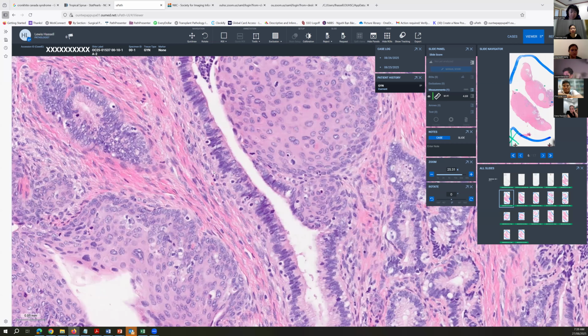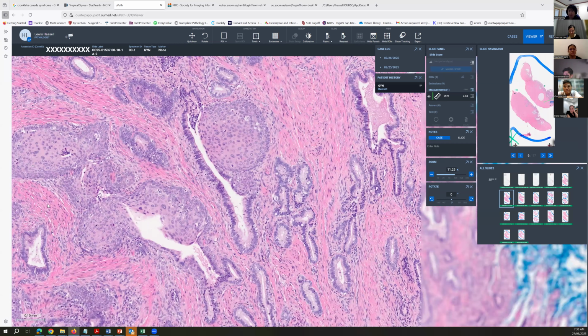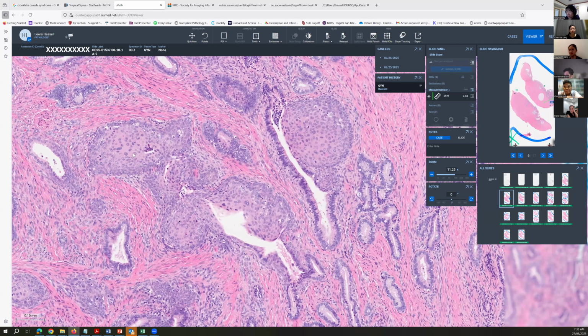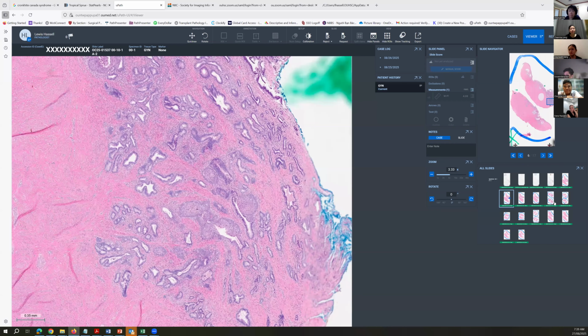So very often, because the majority of endocervical adenocarcinomas are HPV related, you can have a combination of squamous and glandular disease in these cases. And we'll take this a step further here as we look at another slide.